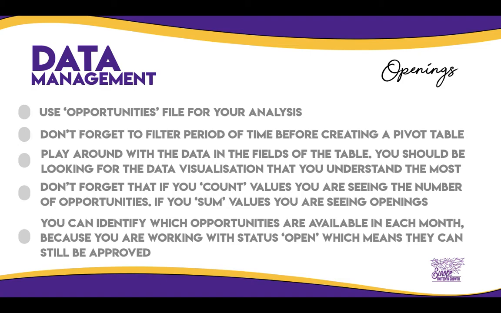Don't forget that we are counting values if we want to see opens or opportunities, and summing values if we want to see the openings, the spots of the opportunity. And you can identify which opportunities are available in each month, because you are working with status open, so it means that they can still be approved. So they are available opportunities.